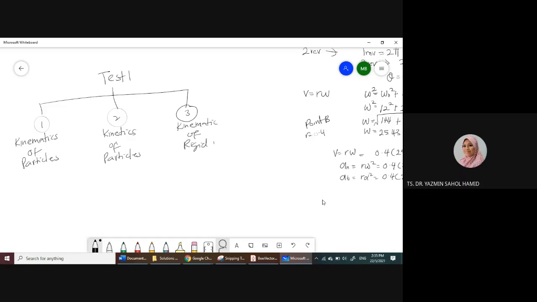Remember, for kinematics of particle, basically what I taught you was rectilinear and curvilinear. Remember? Linear. And then what do we use for rectilinear?